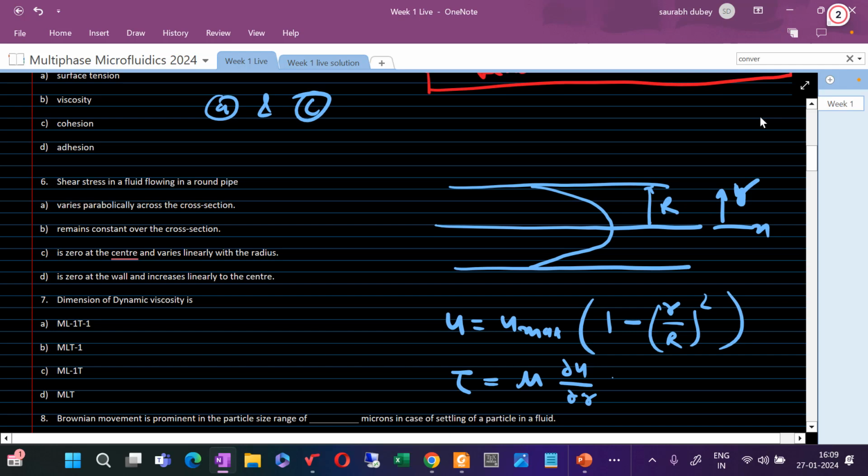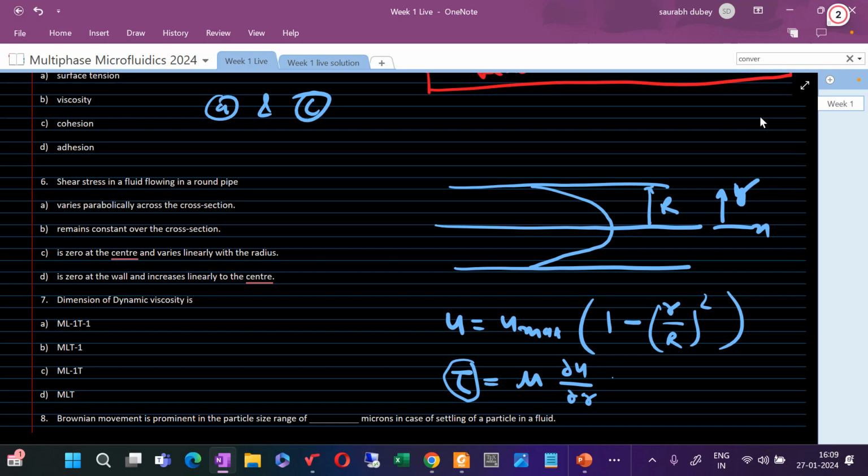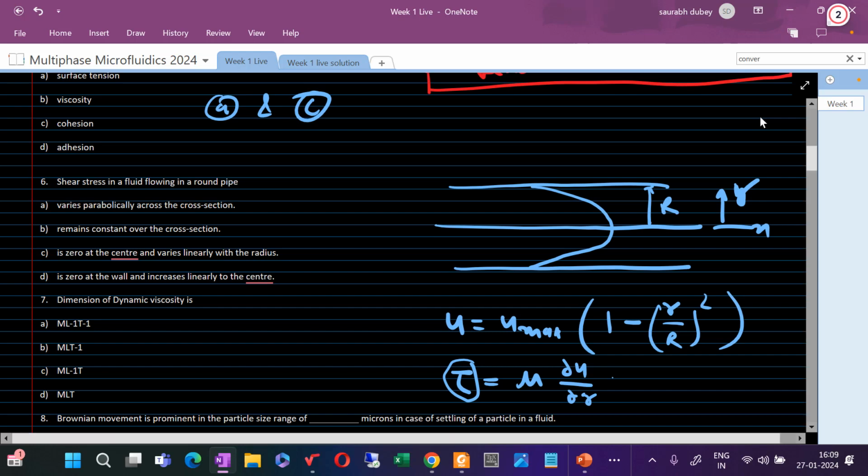So from here we see that del u by del r is directly proportional to r. Means tau will be directly proportional to r, so the shear stress profile will be linear. Linear is given in options C and D. Accordingly, near the wall there is more wall effect, and more velocity gradient because of the no-slip condition, so more shear stress.